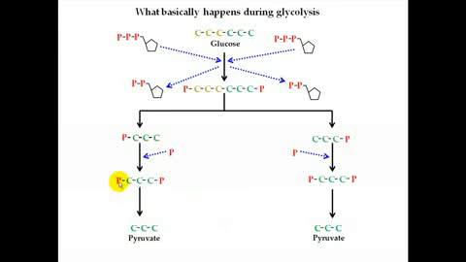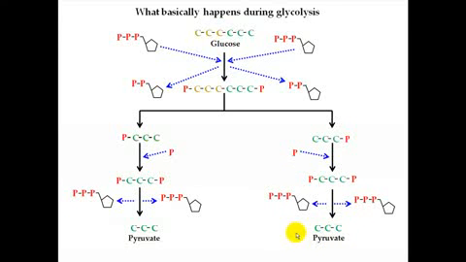So this can be added on to an ADP to make ATP. This can be added on to an ADP to make ATP. So during this little arrow step here, that produces 2 ATP molecules. Same thing here, each one of these phosphates can be used to produce an ATP molecule.